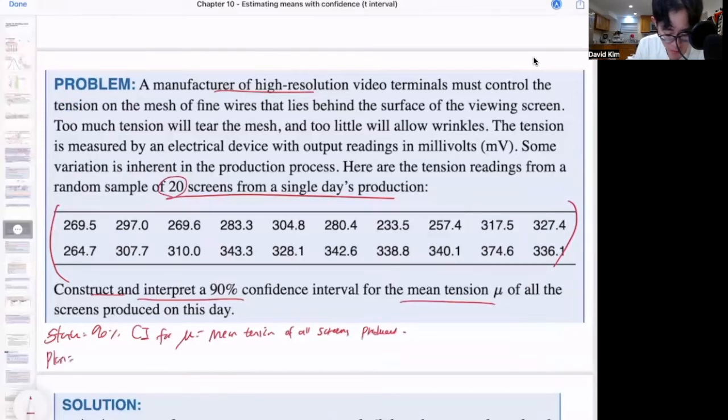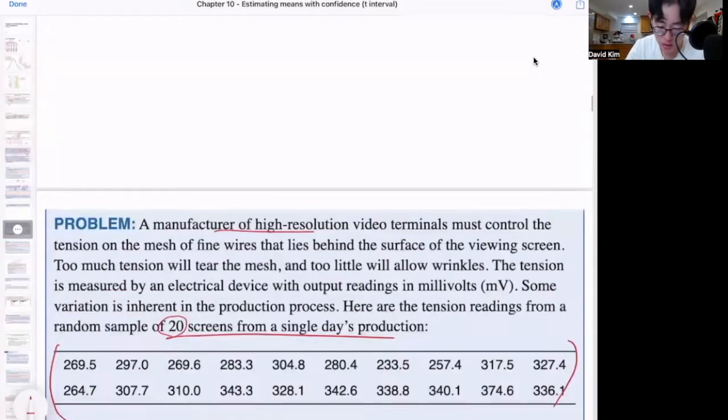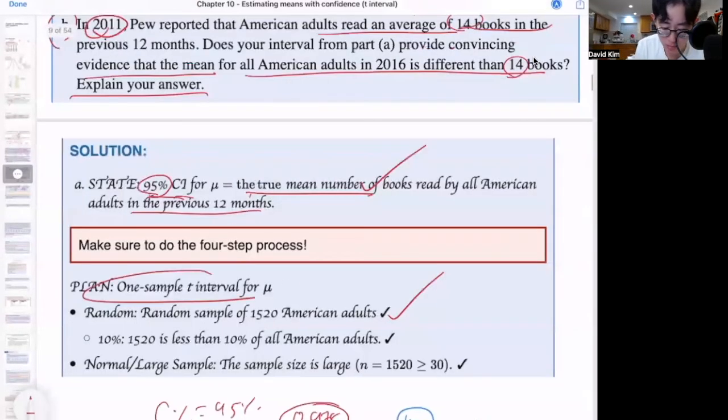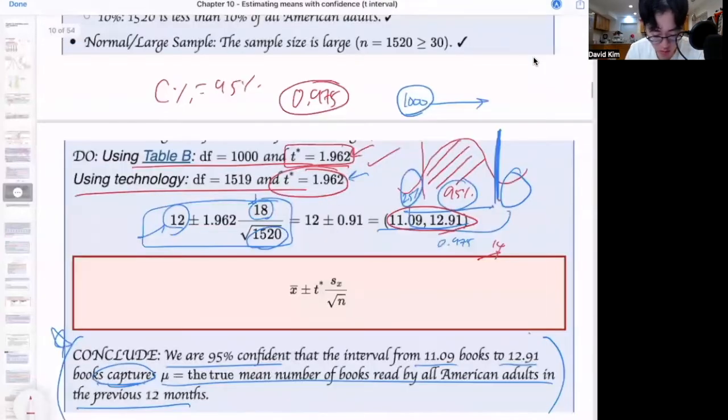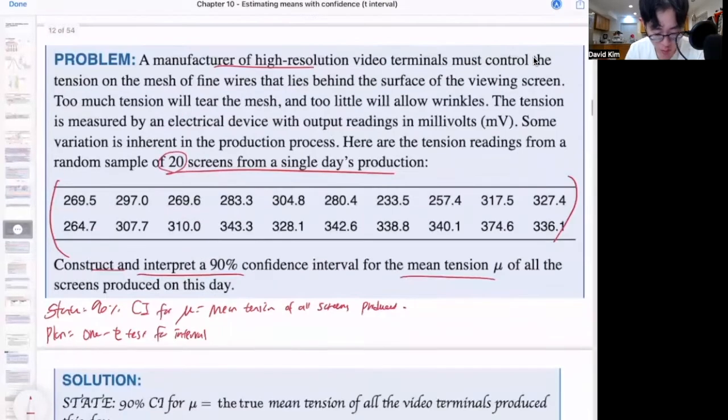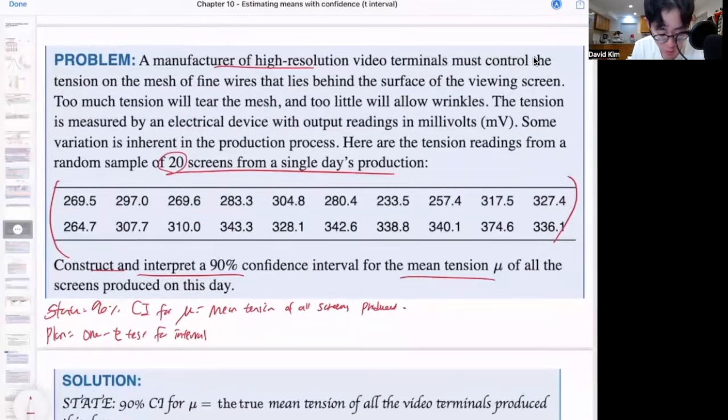Now, when we plan, we're planning to do a one t-test interval, and somewhere along those lines, I believe. I think the exact words that they like for you to use here is actually up here: one sample t interval for mu.